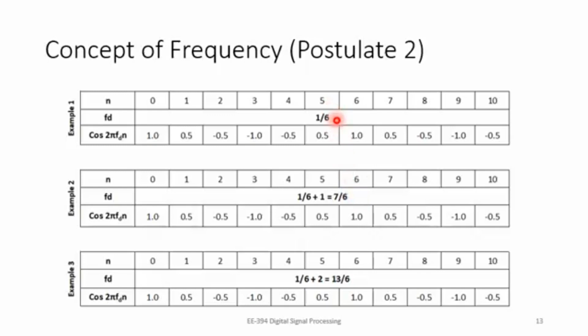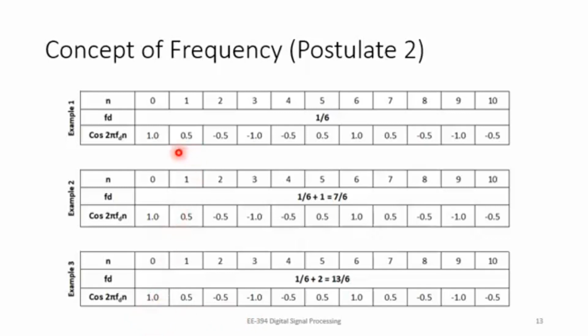And when we compute the signal values of all three examples, we find 1, 0.5, minus 0.5, minus 1, minus 0.5. Similarly, if you look at the values of the second example and the third example, all these three examples are giving us back the same signal values.